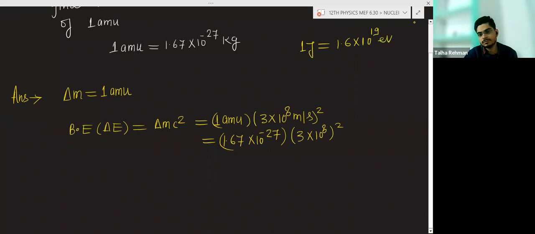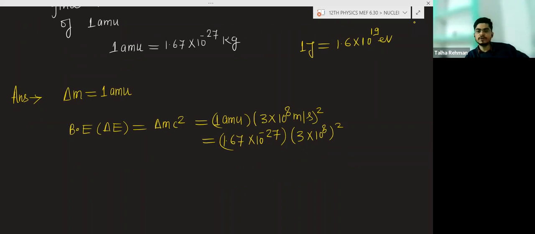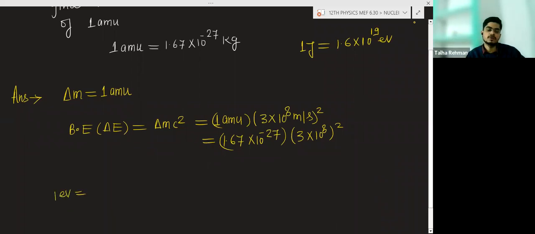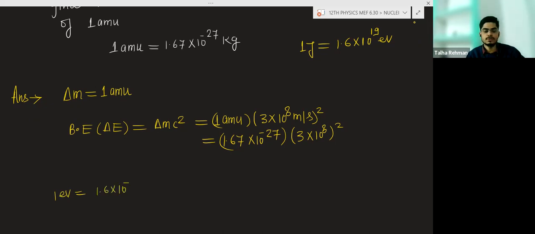19 electron volt. In 1 joule there are 1.6 into 10 to the power 19 electron volt. In one electron volt there are 10 to the power minus 19 joule.